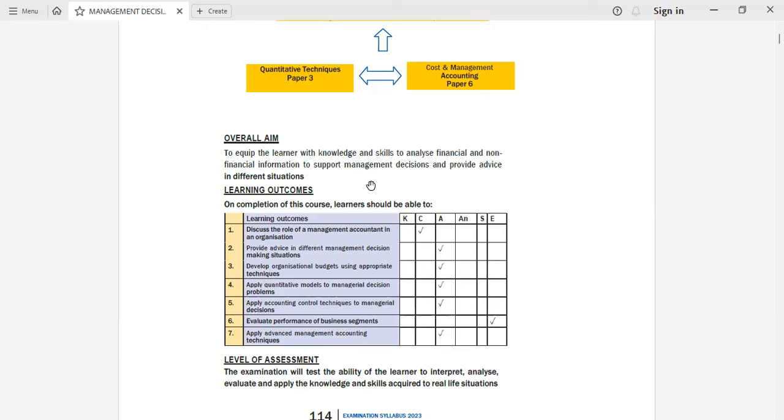So that's mainly the reason why ISPA wants you, before you become a CPA, to be able to advise these companies or different people according to what they are experiencing.